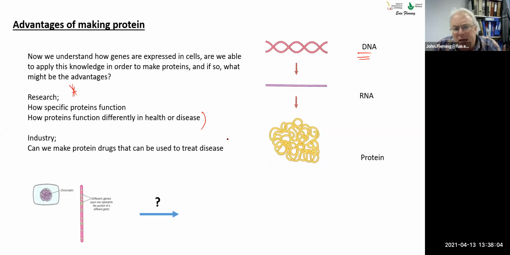So one of the big interests now, and certainly from the point of view of your pharmaceutical biotechnology course, is making protein drugs that have specific functions that we can use to try and treat disease. So yes, we are interested in manipulating and creating a situation whereby we can turn DNA into protein.